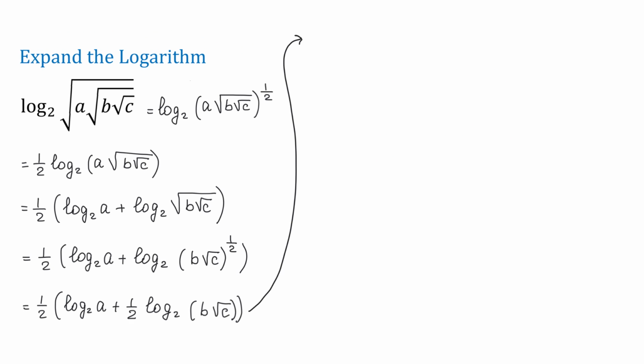I will continue here to the right, and I will have 1/2 parentheses log base 2 of a plus 1/2, start another parenthesis, and have log base 2 of b plus log base 2 of square root of c. In the next step, I will write this expression down, and in place of square root of c, I will write c to the power of 1/2.